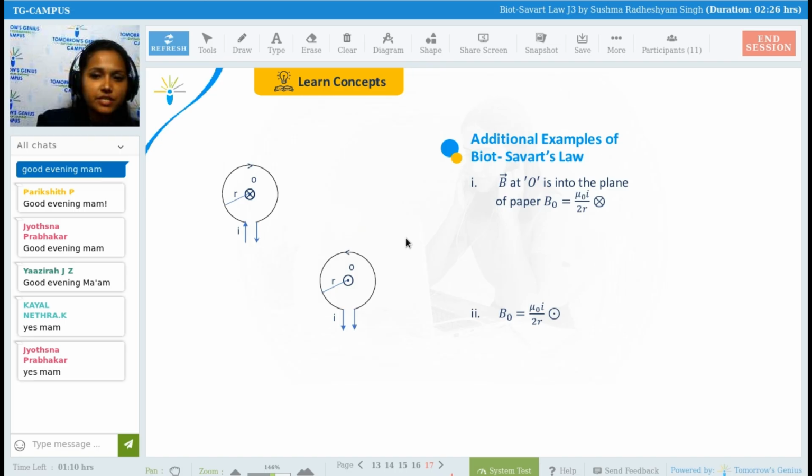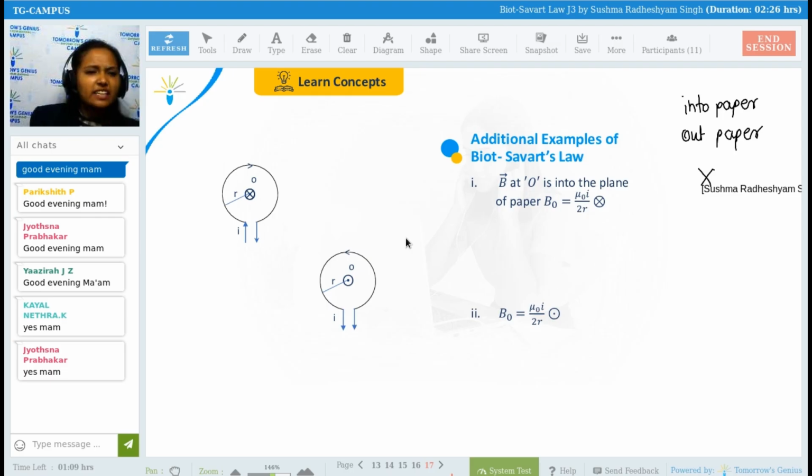Now in this system, first of all there is into the paper and out of the paper. So see, if a cross is indicated, that means something is going inside. If you see a cross, it is into the paper. If you see a dot, it is out of the paper.